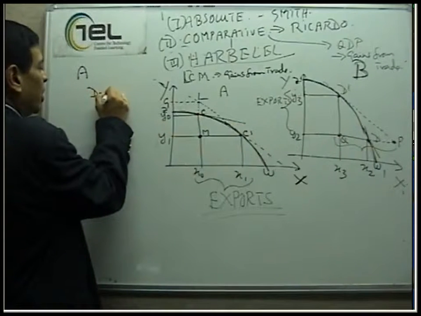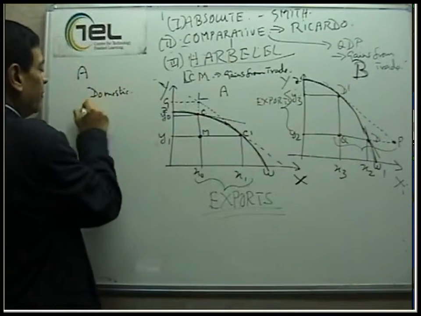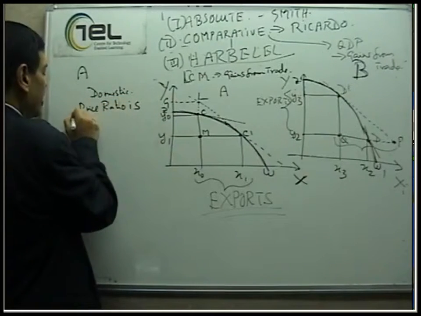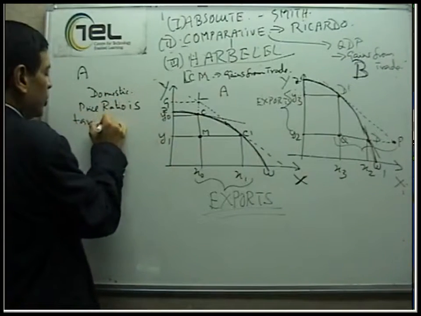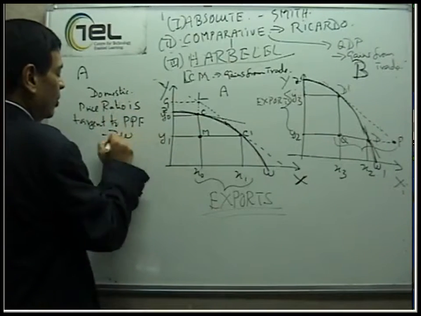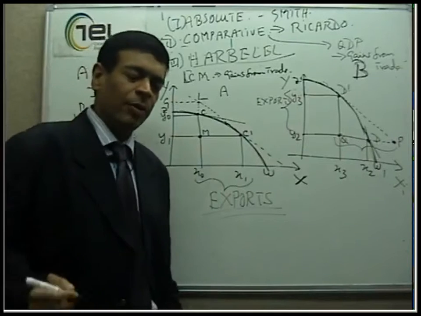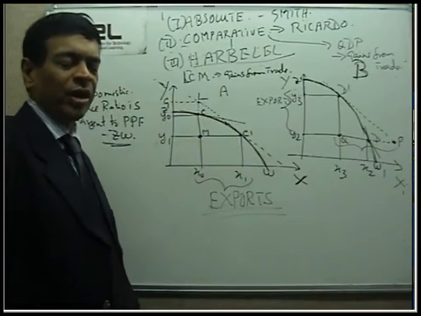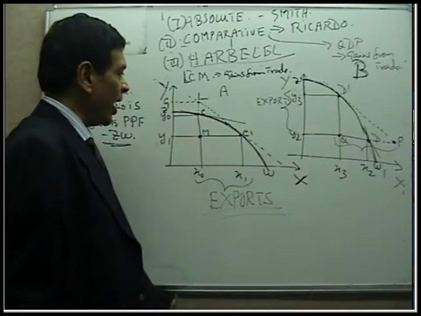In other words, the domestic price ratio is tangent to PPF ZW. That's the equilibrium when you have a production possibility frontier and a price ratio which shows the relative prices of two goods, X and Y.